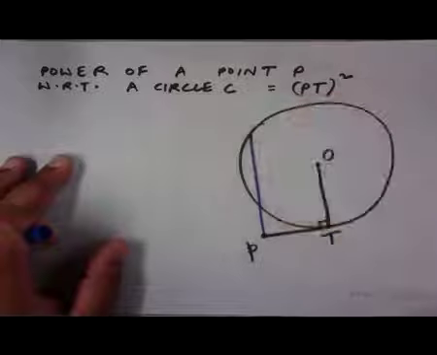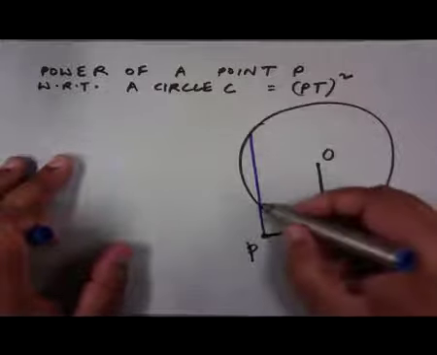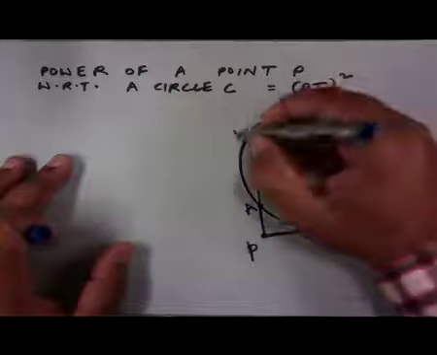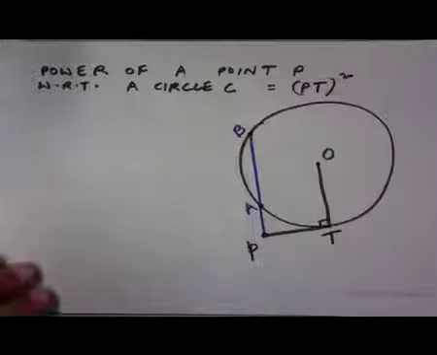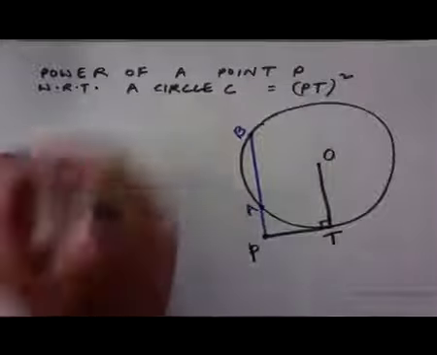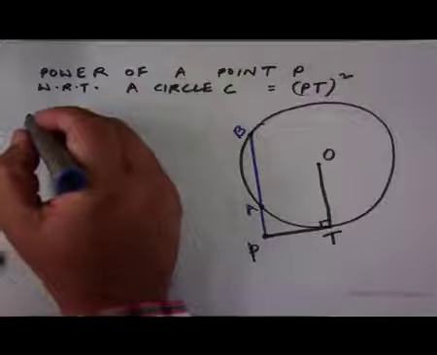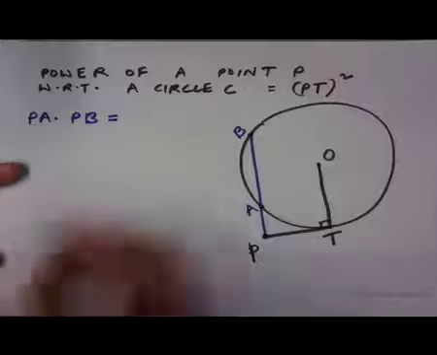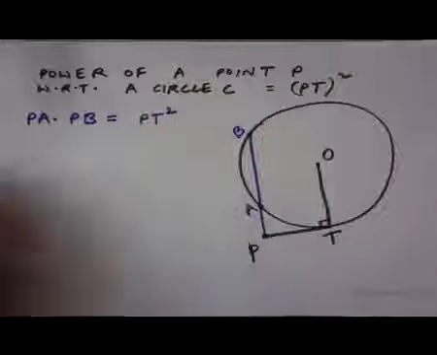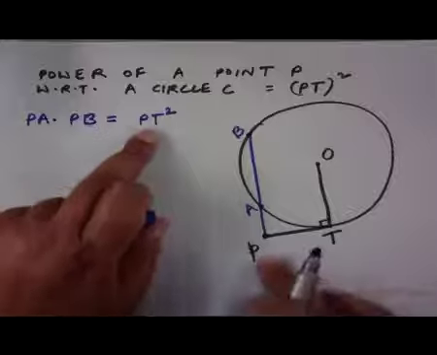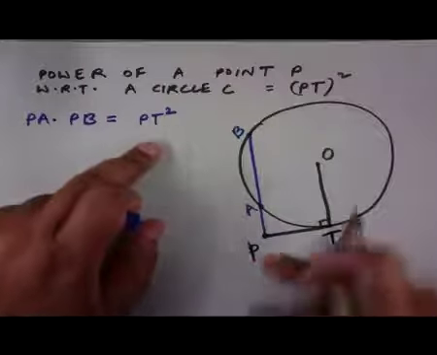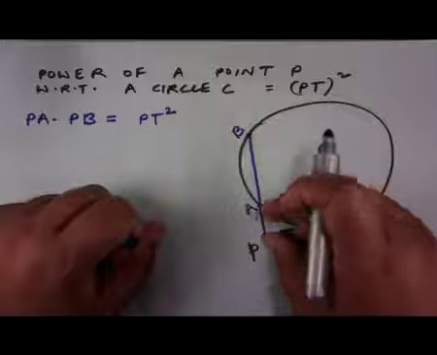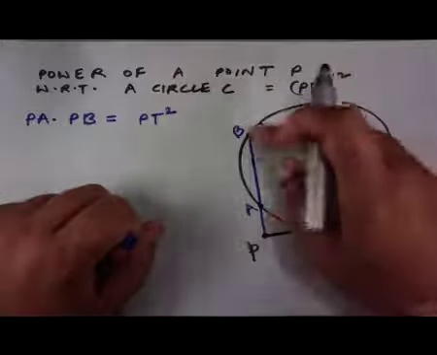So, let us say this straight line here, and this straight line cuts the circle at points A and B, and then we will show that PA times PB is equal to PT square, and this is the power of this point P. So, the product of these two lengths, so these are the lengths from the point P to the 2 points where this straight line has cut the circle.